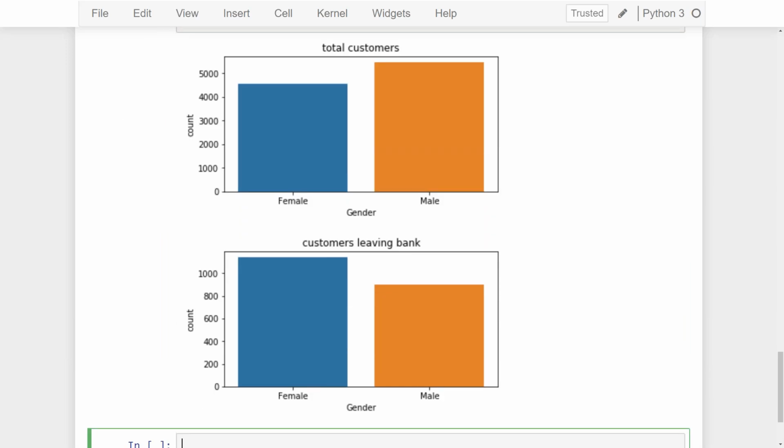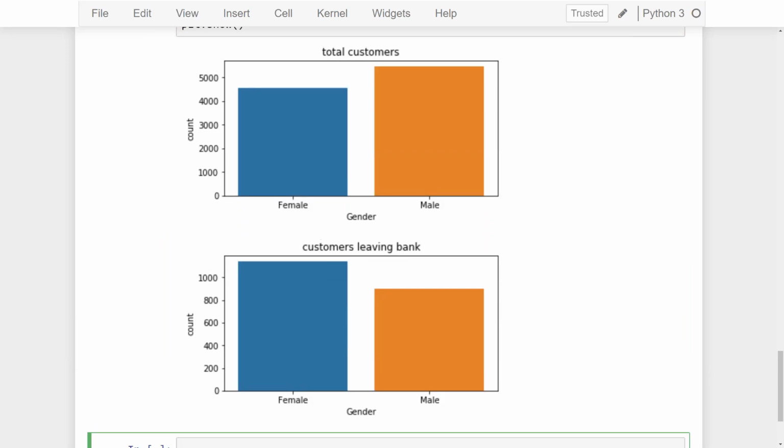First graph is the total customers. Second graph is the customers who left the bank. So do you think both gender groups have the same ratio, or if there is any specific gender group which has a higher dropping rate, then which is it?